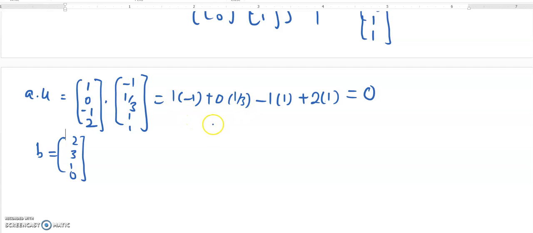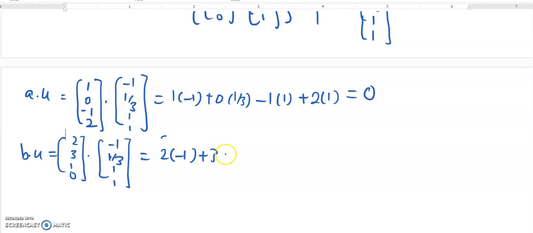And how about B dot U? U will be minus 1, 1/3, 1, 1. So it will be 2 into minus 1, 3 into 1/3 plus 1 into 1 plus 0 into 1. So it is minus 2, 1, minus 1 plus 1 is 0.